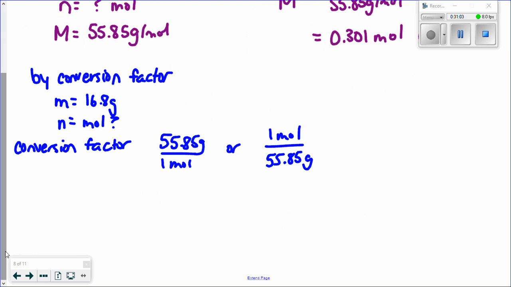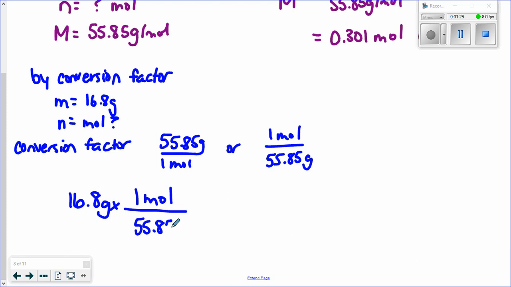When we're setting up conversion factors, you always start with what you have. So 16.8 grams. We have grams on the top here, so we want grams on the bottom in our conversion factor. So 1 mole is 55.85 grams. And in your calculator, you'd be punching in 16.8 multiplied by 1 divided by 55.85, which is 0.301 moles.